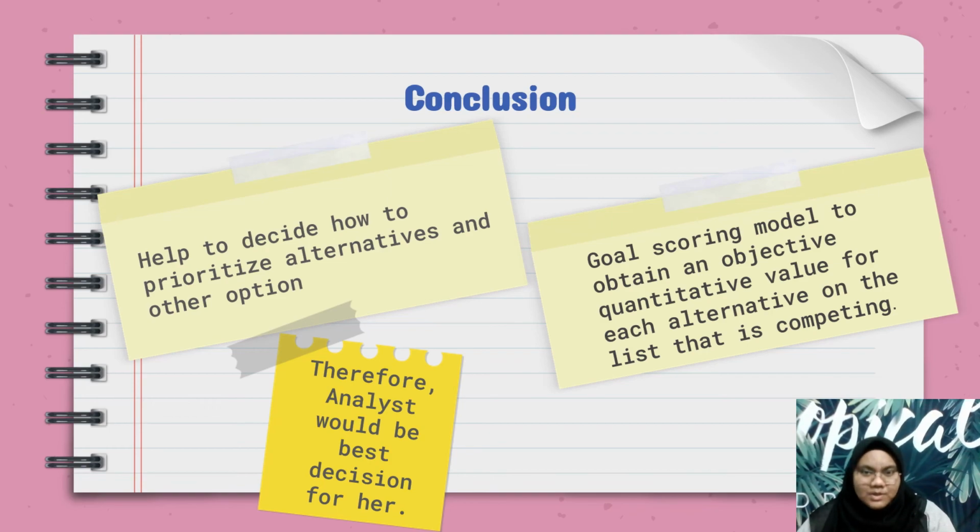With this framework, alternatives are scored according to a set of common criteria based on human judgment as a decision maker and ranked by their final score. The goal of the scoring model is to obtain an objective quantitative value for each alternative on the list that is competing, and this value can be used to determine which thing should be prioritized.